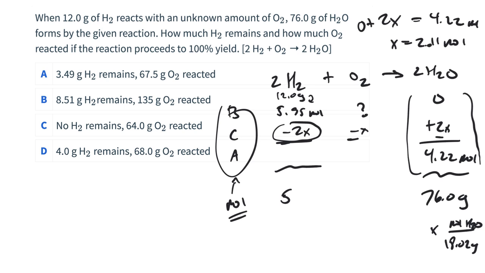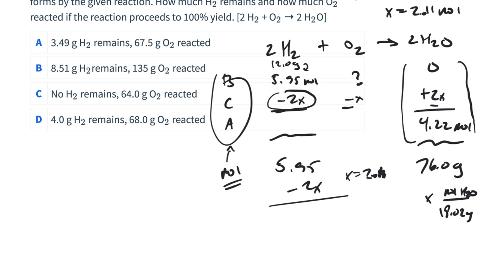So 5.95 minus 2x, or x is 2.11. So if x is 2.11, sorry, I'm going to rewrite that just so that this is really clear here.